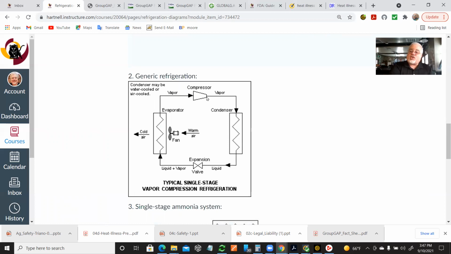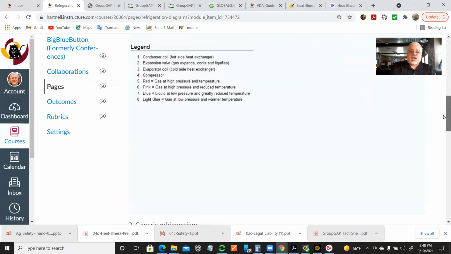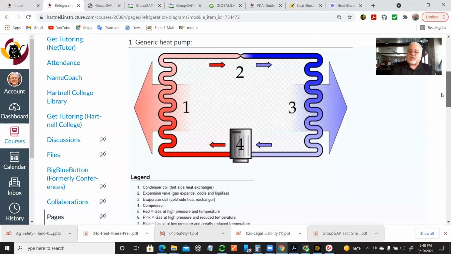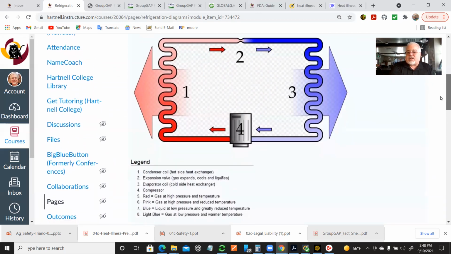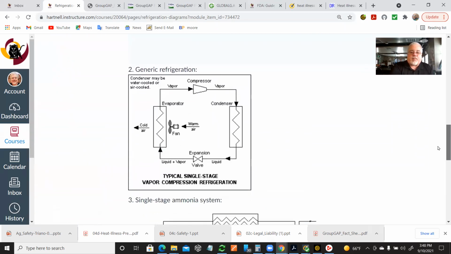So you always know the direction things are flowing based on the compressor. In a proper engineering diagram, the compressor acts as an arrow. In this case, the refrigerant is flowing clockwise. In this case, the refrigerant is flowing counterclockwise. It doesn't matter, just follow the diagram.